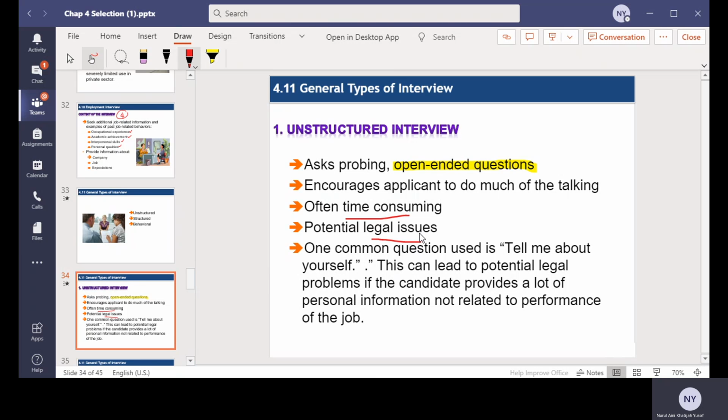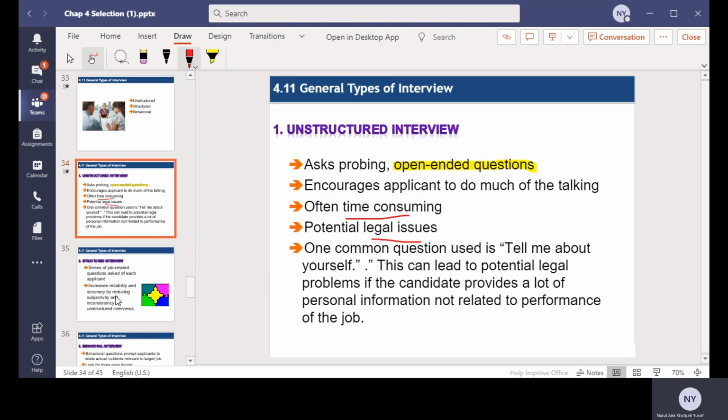For example, oh, just now you mentioned you work in this company doing this job, can you explain further about this job? So that is unstructured. The potential for the manager to ask questions that might be unrelated or sensitive is very high, so they should control this. Okay, so that is the first type.